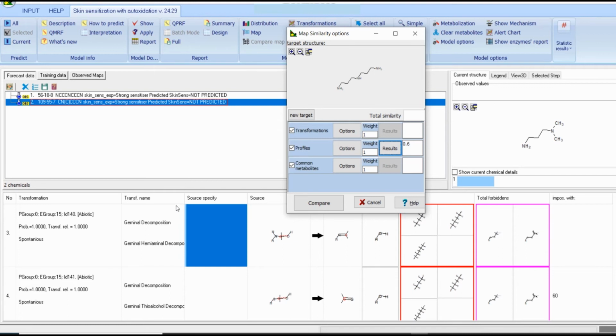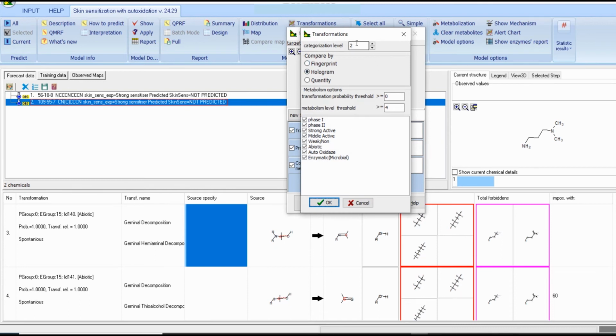For example, this is geminal decomposition and more specifically geminal hemiaminal decomposition. In our case, we will compare the more specific level of categorization of the transformations. We can compare all transformations or only the transformations with highest probability. Let's compare all transformations.